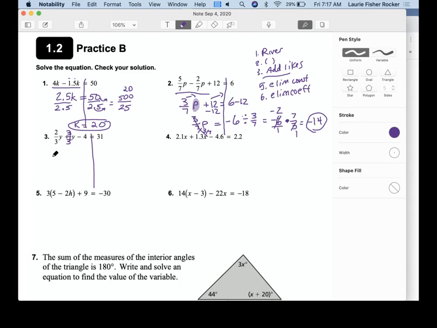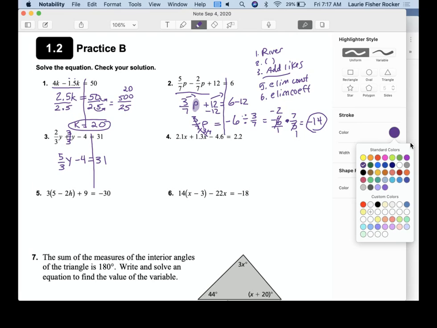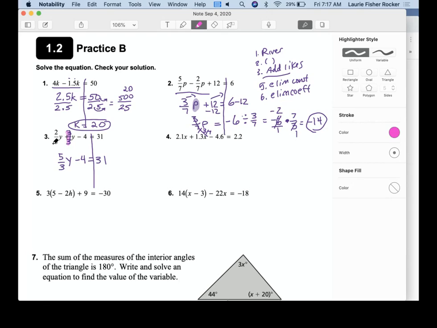Instead of making it a whole number and making it 1 2/3, it might be easier to see this as 5/3 y minus 4 equals 31. So I simply just made that invisible 1 y into 3/3. Why did I do that? So it matched the denominator.